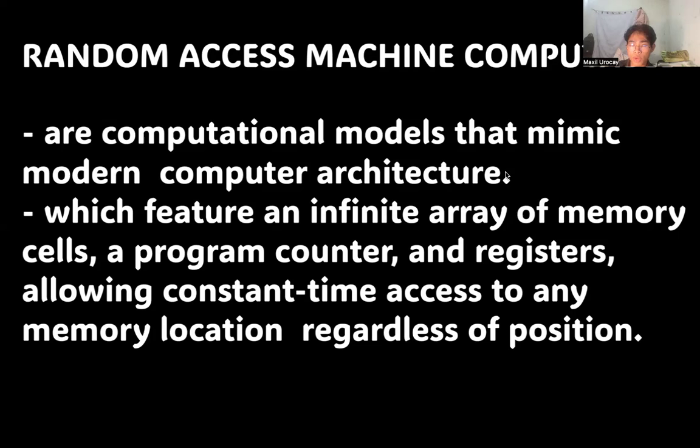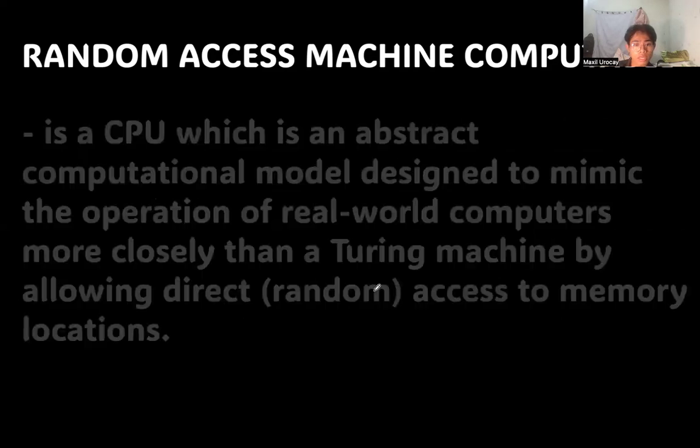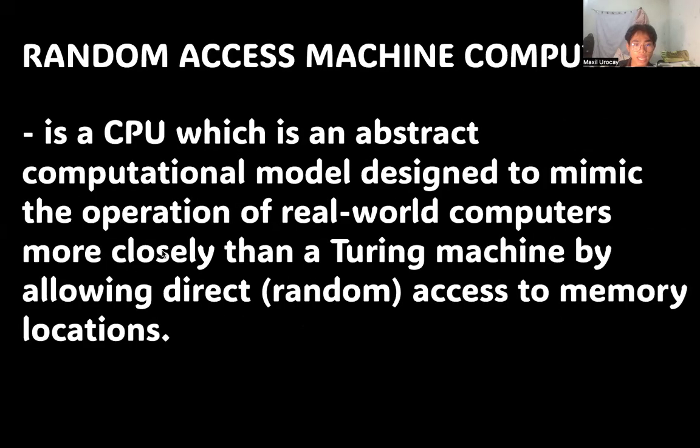There is also a program counter to track the instructions, and there are specific registers for temporary storage. Next is the CPU, an abstract computational model designed to mimic the operations of real world computers more closely than a Turing machine by allowing direct or random access to memory locations.